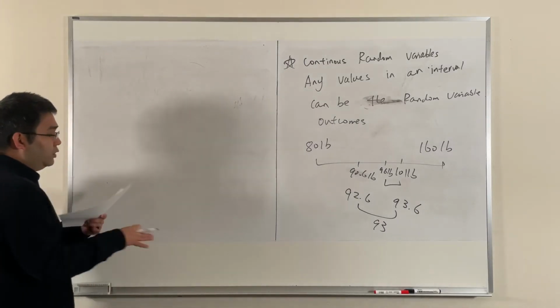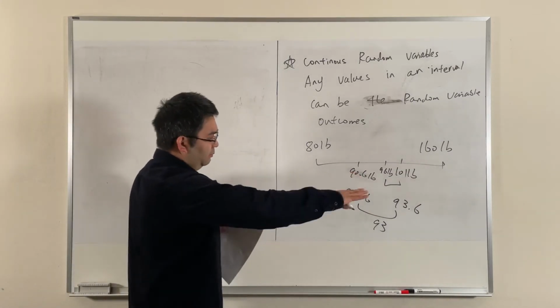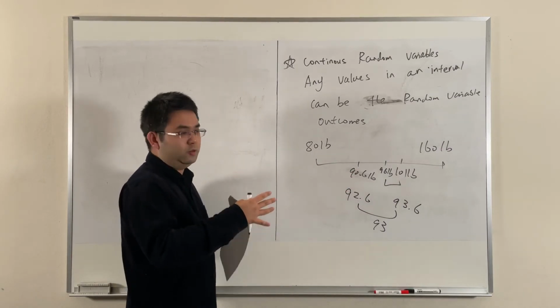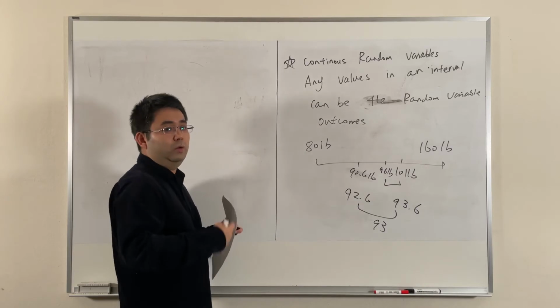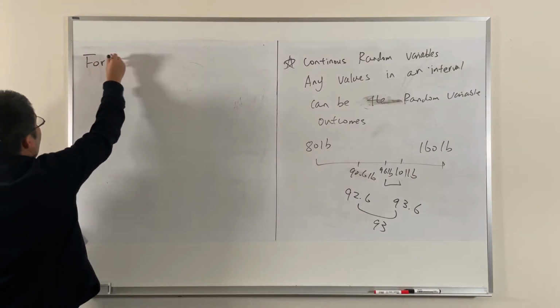But in a continuous variable, since you have infinitely many possible outcomes, you cannot attach probability to each single outcome.